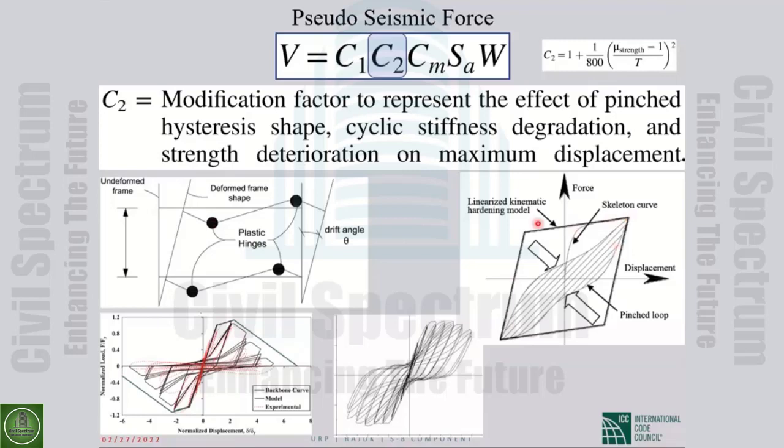But many times after one or two cycles of the earthquake, this stability and this nice fat hysteresis loop will change to something very narrow, and it seems pinched.